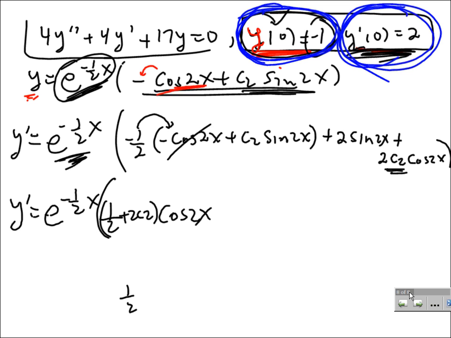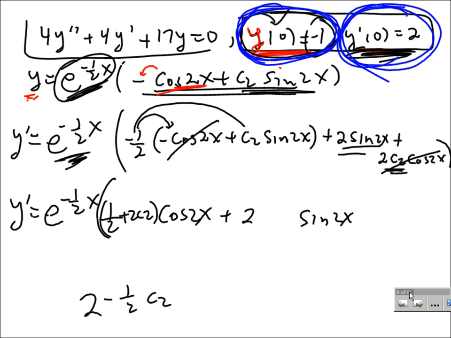Now, how many sine 2x's do we have? Well, we have negative a half c2 plus 2. That is, we have 2 minus a half c2. That's how many sine 2x's we have.